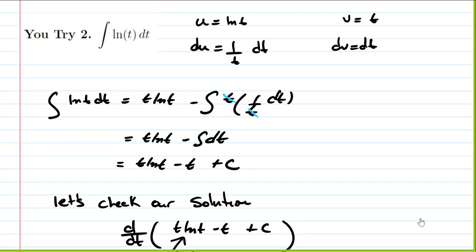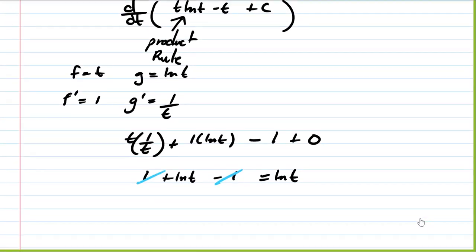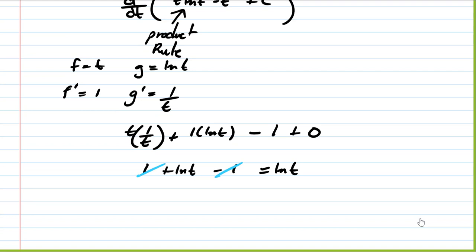So we can always check that we did the integral correctly by taking the derivative of our answer and making sure we get back what we started with, right? So derivatives and integrals undo each other just like addition and subtraction and multiplication and division. So to undo an integral, we use a derivative. To undo a derivative, we use an integral.